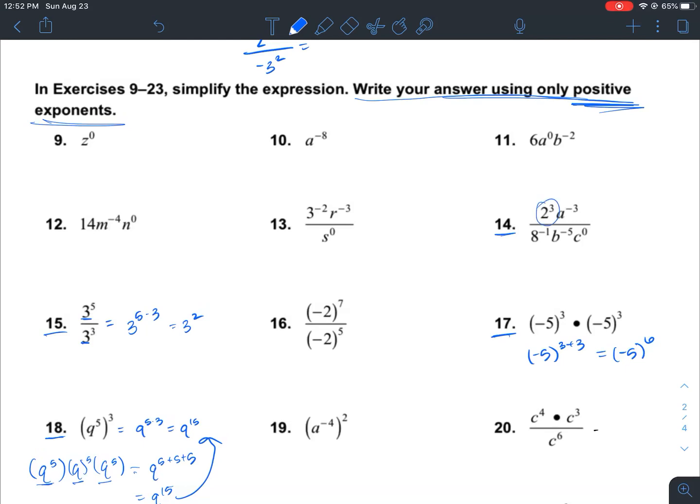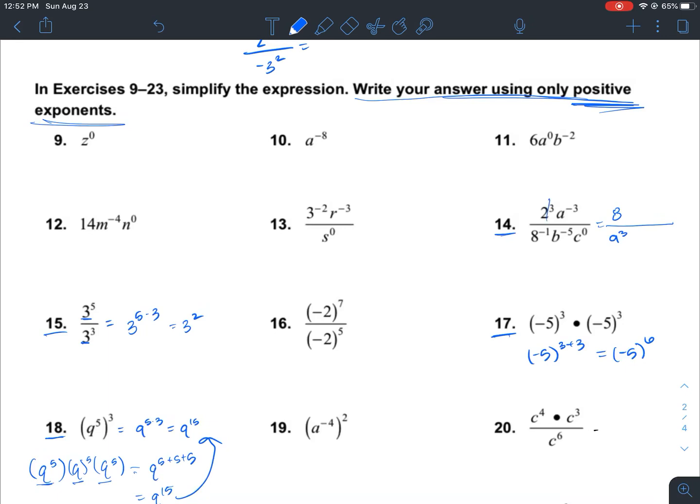Right here we have 2 to the 3. We can solve for that one instantly: 2 to the 3 is 8. Then we have a to the negative 3, and we don't want any negative exponents. From the negative exponent property, if we find its reciprocal, we can move that to the denominator and make the exponent positive. So if we move it down here, it's positive, so a cubed.